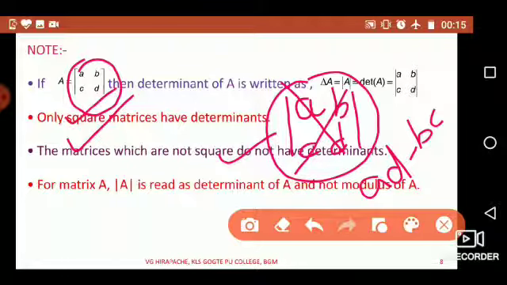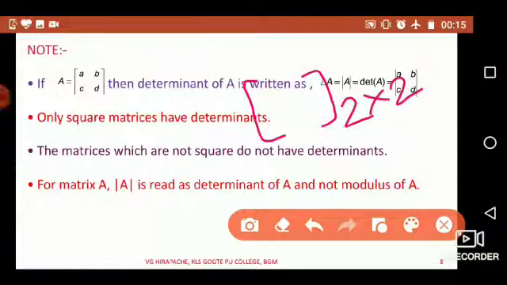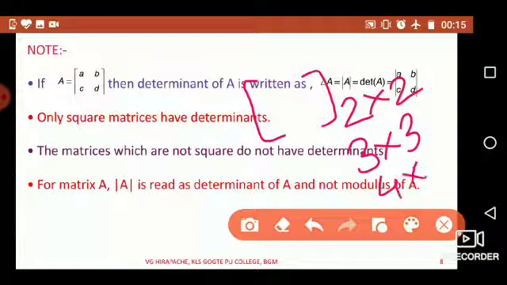The second note is that only square matrices have determinants. A square matrix means the number of rows is equal to the number of columns, for example a 3 cross 3 matrix, a 4 cross 4 matrix, or a 1 cross 1 matrix. Such matrices alone have a determinant.